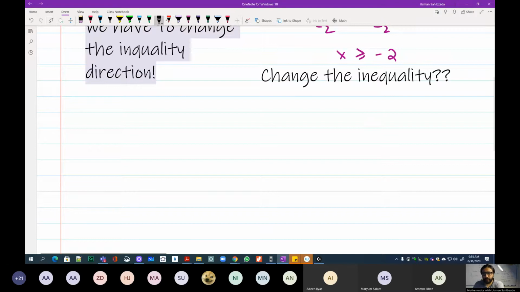So for example, you've got 2x less than 11. So when you divide by 2, there's no need. X is less than 11 by 2. But if it's minus 5x less than minus 10, and you divide by a negative number, you have got to change the inequality's direction.